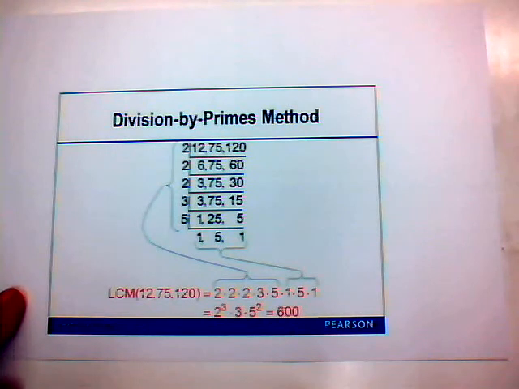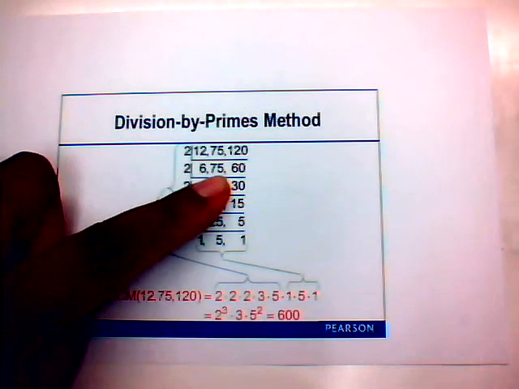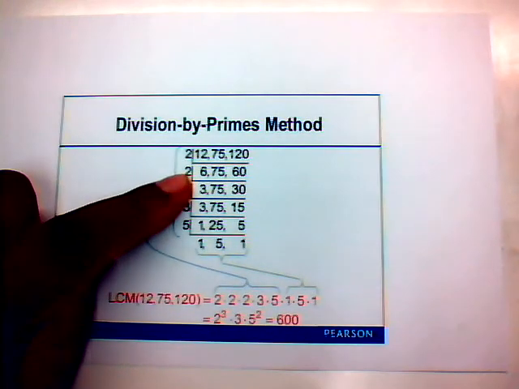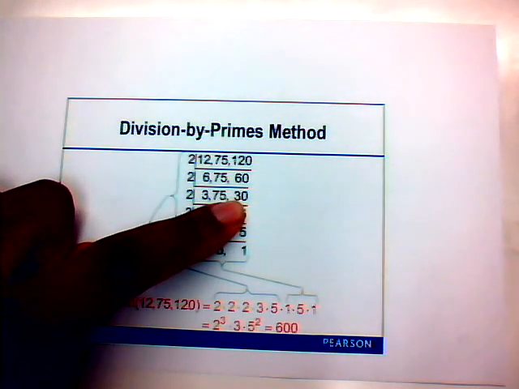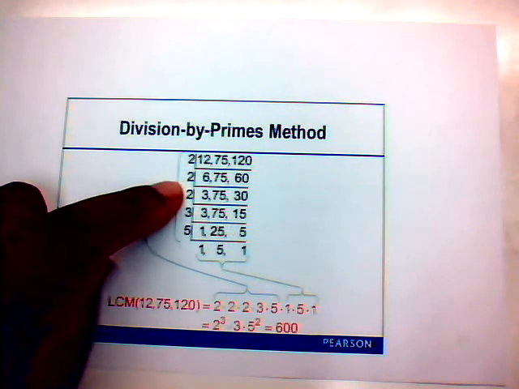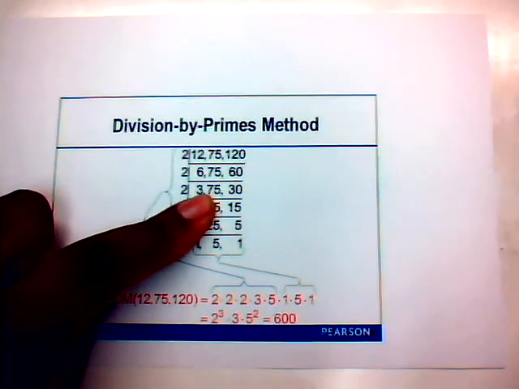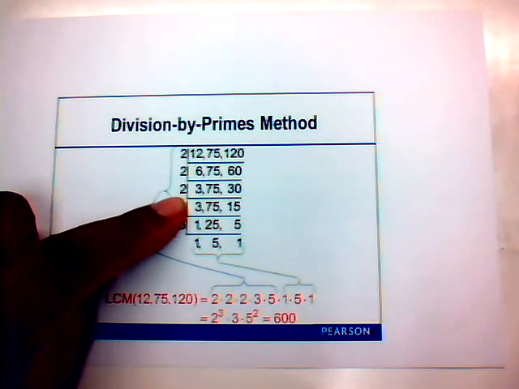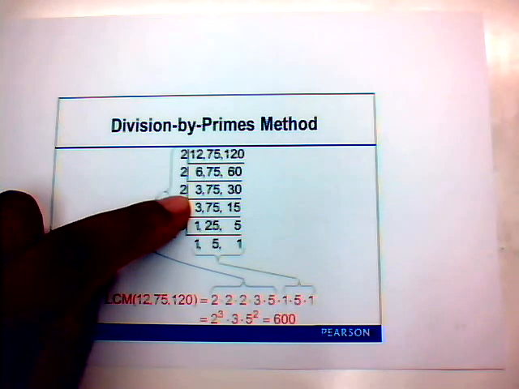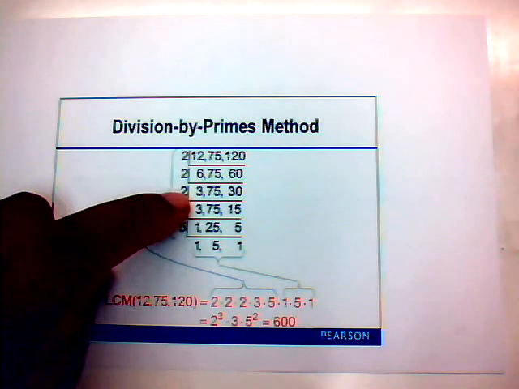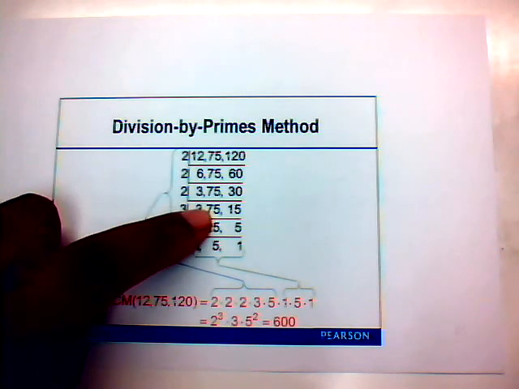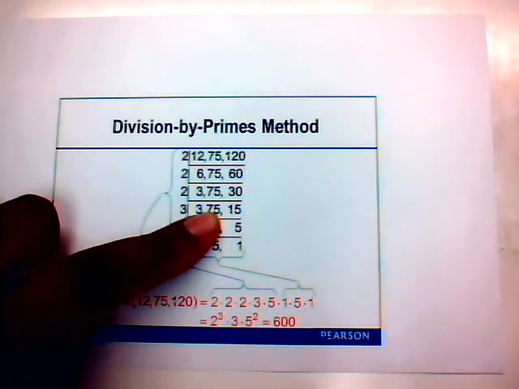And here's that process. For 6, 75, and 60, we can use 2, because 2 goes into 6 3 times, 2 goes into 60 30 times. But 75 is not divisible by 2, so we bring down the 75. Now here they use the 2 again. 2 goes into 30 15 times, but 2 can't go into 3 nor 75 evenly, so the 3 and the 75 are brought down.